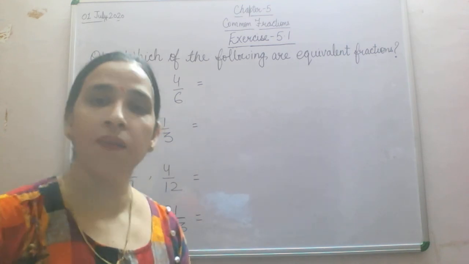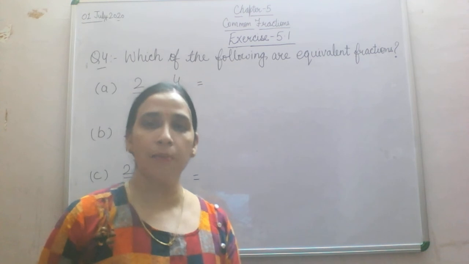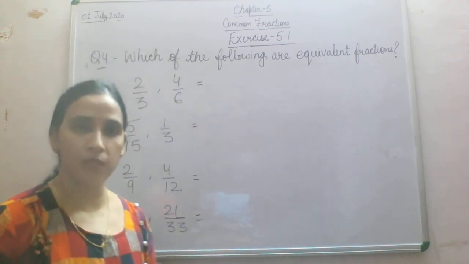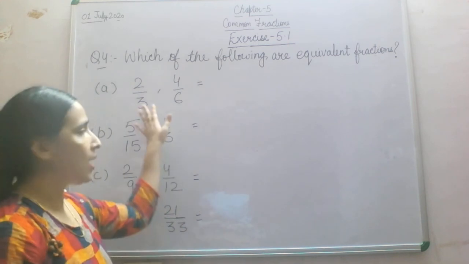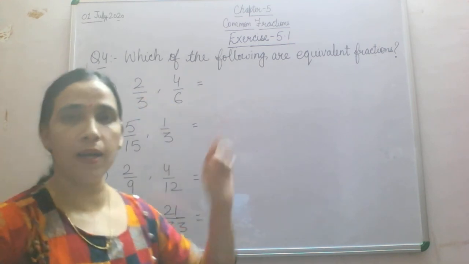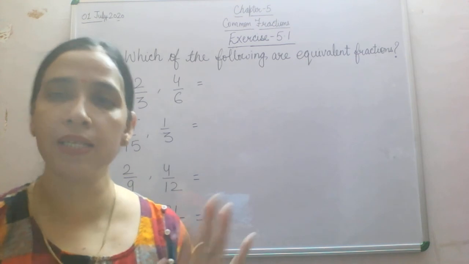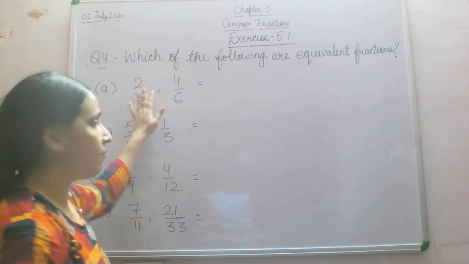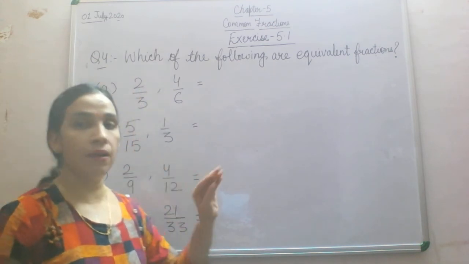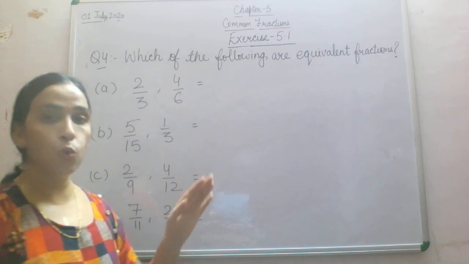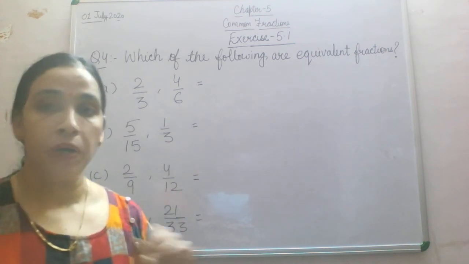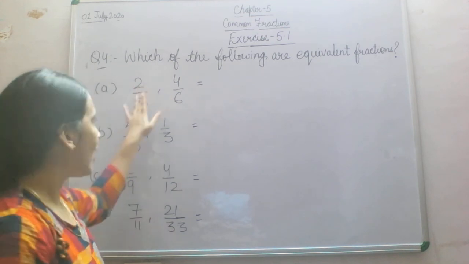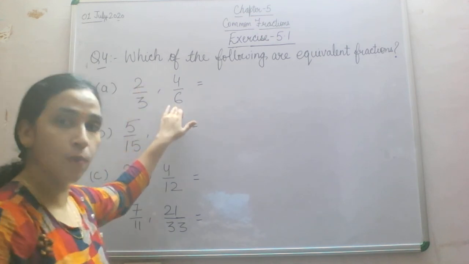Quite a simple question, but sometimes children get confused about what to do. In part A, 2 by 3 and 4 by 6 are given. We take a common number, for example 2. In the table of 2, 2 2s are 4 and 3 2s are 6, so we are getting 4 by 6.